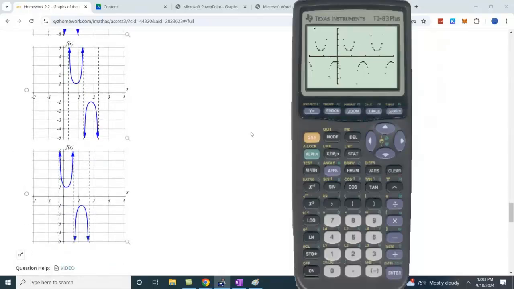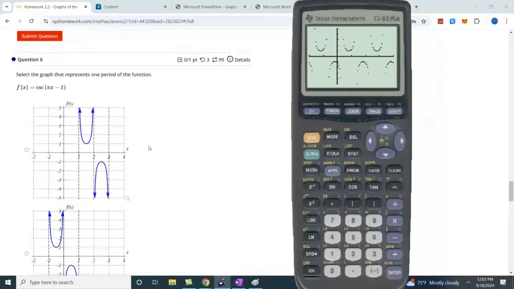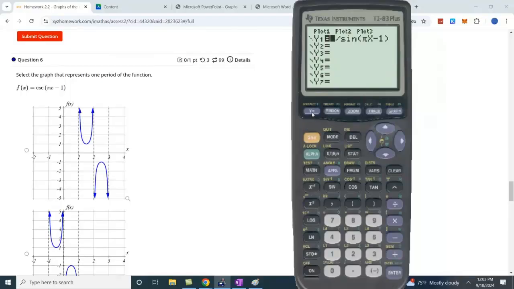Is anybody getting something different? Pi x minus 1, that's the sine of pi x minus 1. That's the right function. I did graph.